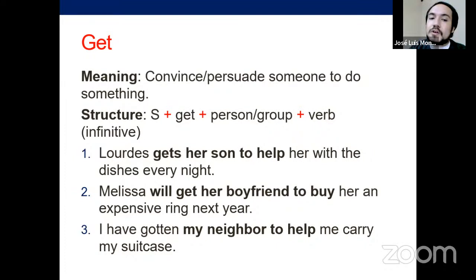What about future? Who will get who to do something for that person? You can say that you will convince someone, right? But you don't say convince, you say get. But the meaning of get is convince.